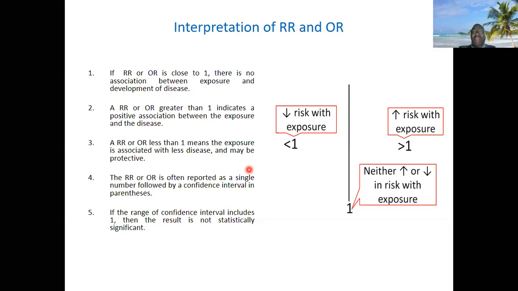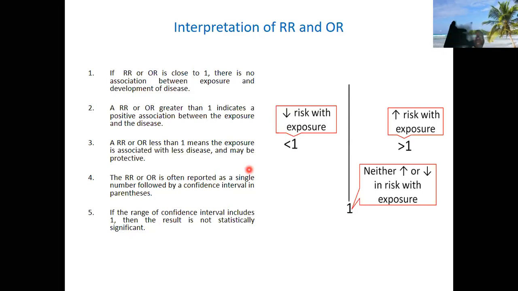It means that thing you call exposure is not an exposure. It doesn't have anything to do with the disease, because both groups have the same risk. So when the odds ratio or relative risk is 1, there's no relationship, no association between what you call the exposure and the disease of interest.